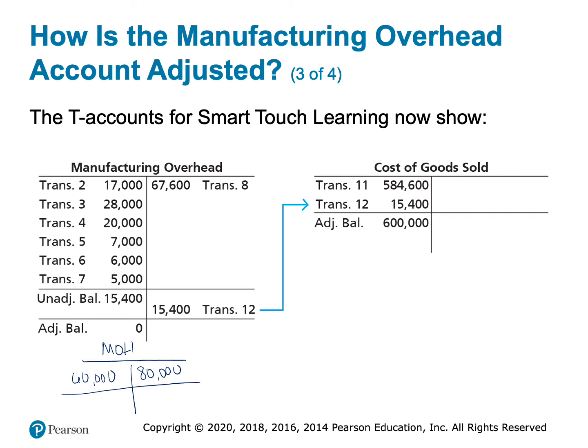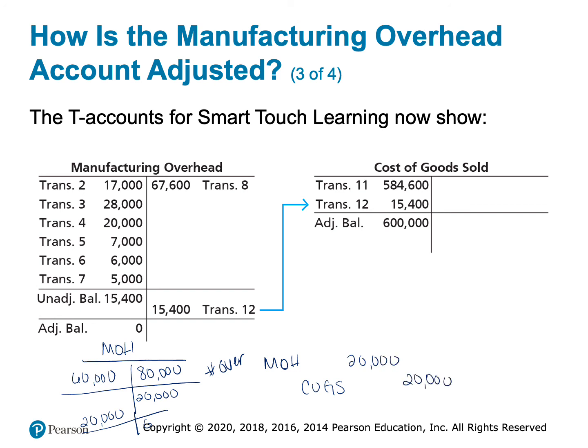So in this case, I would have a $20,000 credit balance. This would be over allocated. I allocated too much. So then to close overhead, I would want to debit overhead. So it would be zero. So my journal entry then would be to debit overhead and credit cost of goods sold. In this case for 20,000.